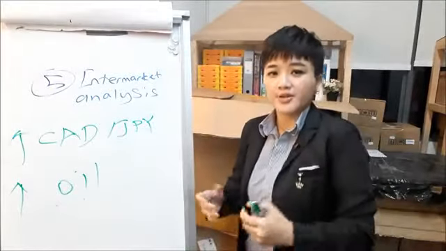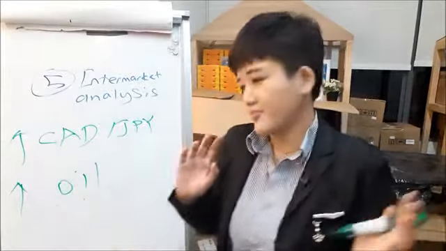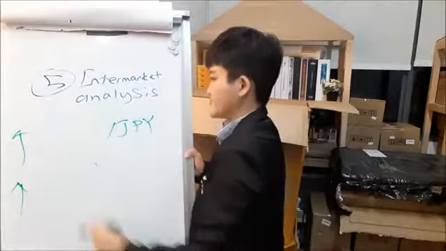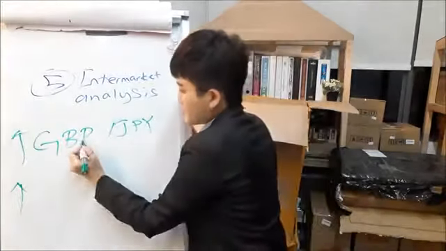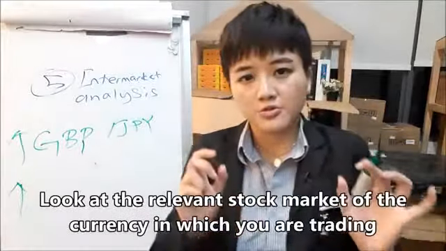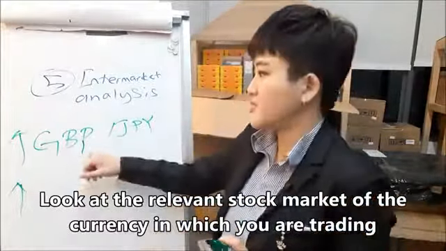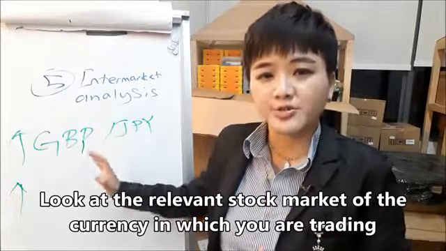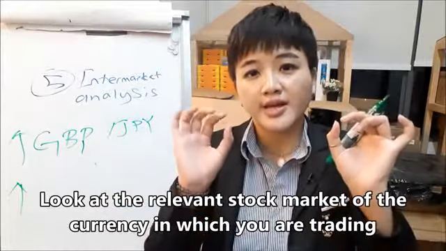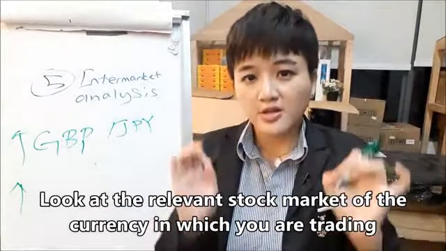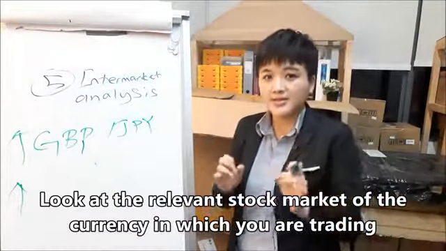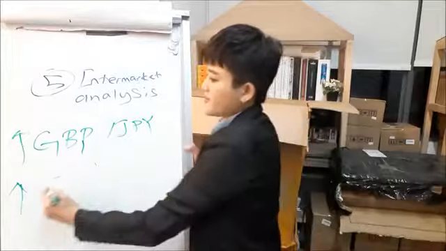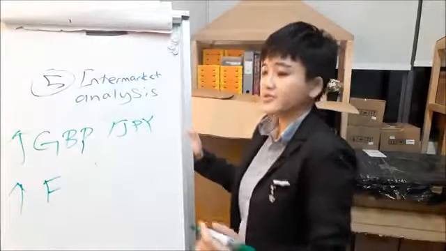So what if you're trading, for example, Pound Yen? It's very important for you to look at the stock market of the currency in which you're trading. If you're trading a UK currency, then you should look at the UK stock market, the London Stock Exchange listed markets. A lot of people say, look at FTSE 100.